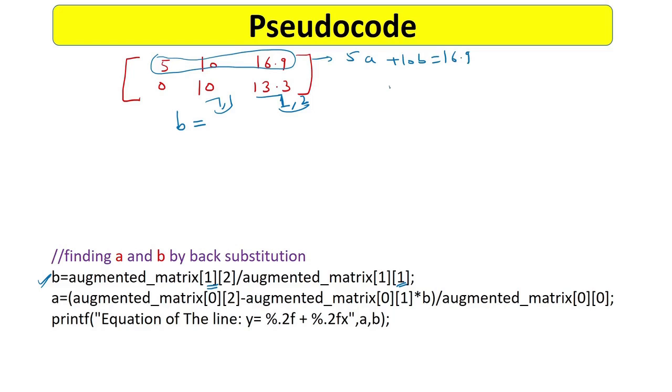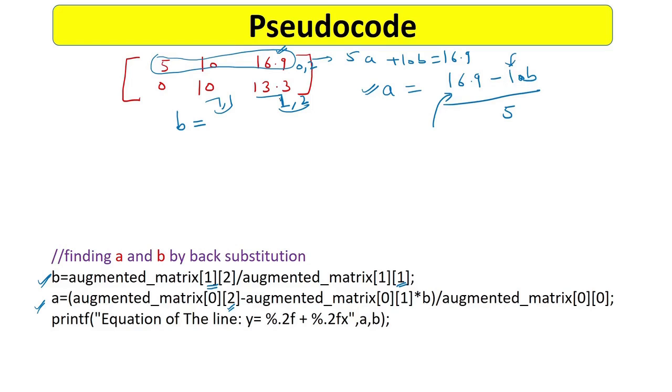So if I want to find the value of A, this will be 16.9 minus 10B upon 5. I will be using this form. Here you can see A equal to this; 16.9 is the 0 comma 2th element. So here you can see the 0 comma 2th element minus this 10B. What is this 10?